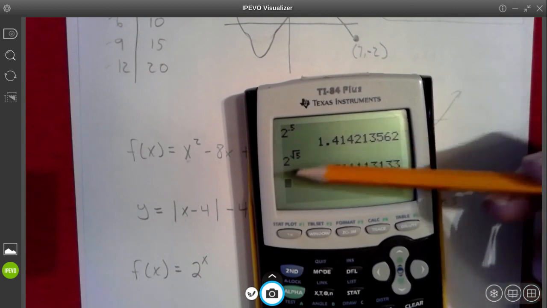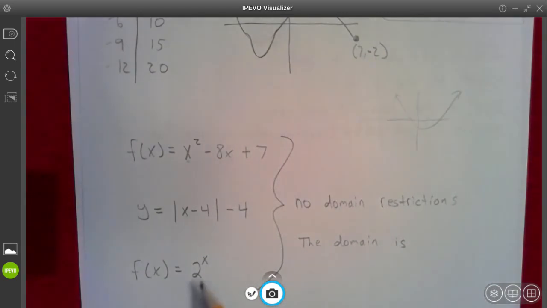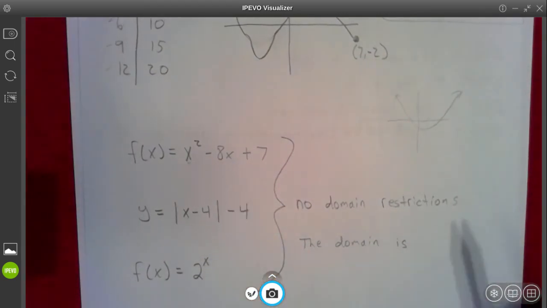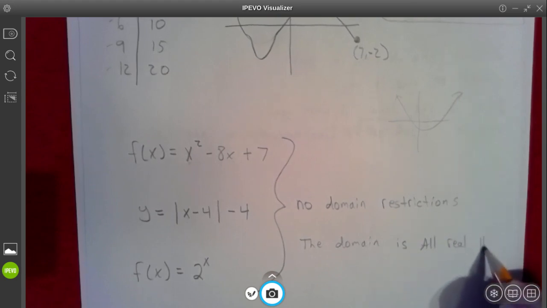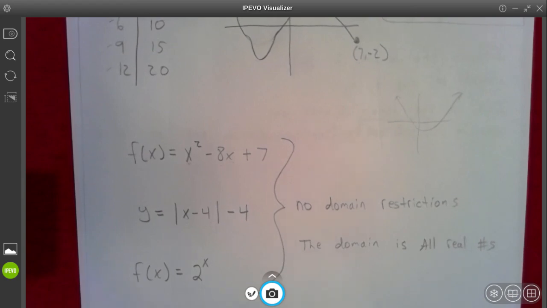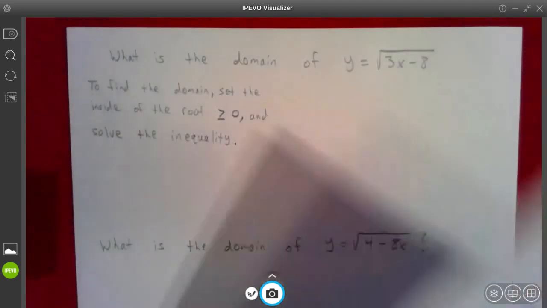But you can always take 2 and raise it to some power. So there's absolutely no limits on what number you can plug in for x here. So in these cases, the domain is all real numbers. But what I want to look at is some of the ones where it's not all real numbers, where the domain has restrictions.